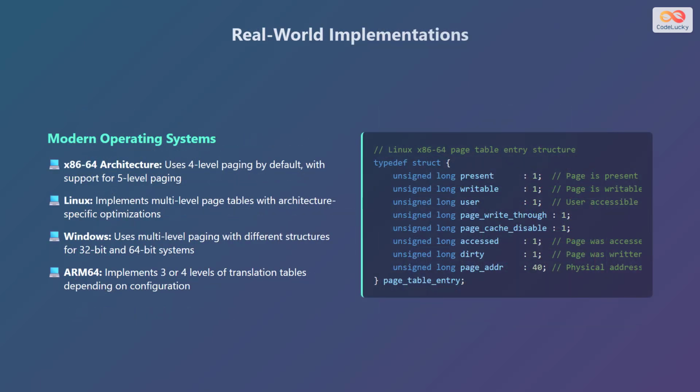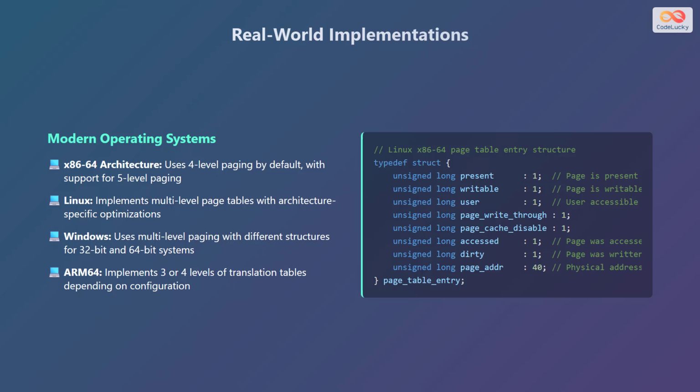Hierarchical paging is widely implemented in modern operating systems. The x86-64 architecture uses 4-level paging by default, with support for 5-level paging. Linux implements multi-level page tables with architecture-specific optimizations. Windows uses multi-level paging with different structures for 32-bit and 64-bit systems.